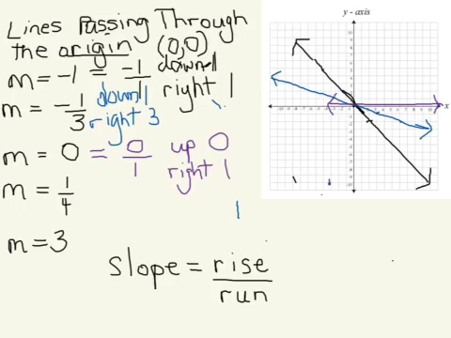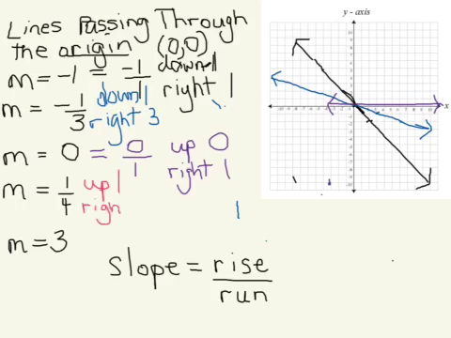Want to look at the next one as well, just because it has a positive slope, and we haven't seen any of those yet. So when you have a positive number for your slope, like 1/4, no negative sign, that means this one's going to be rising across the paper. So we would want to do up 1 and right 4.